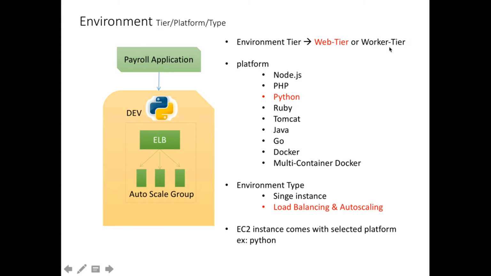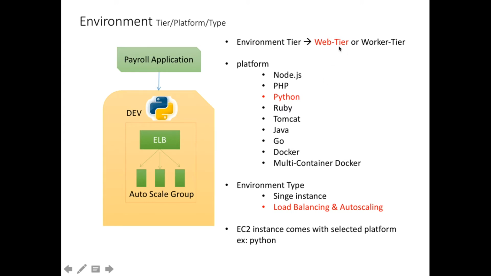Worker tiers are like, let's say you are creating an application which always works like a backend, integrated with SQS, receives the job request from SQS, processes that in the background and responds back. That's the worker tier. Anyhow, I'm not really good with the worker tier. Today we'll talk only about the web tier.